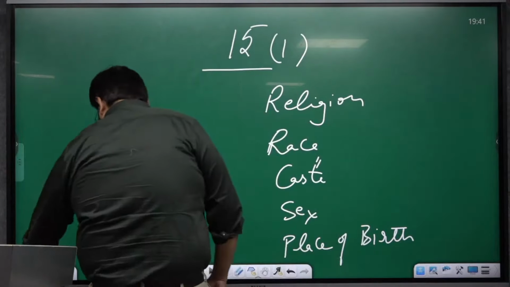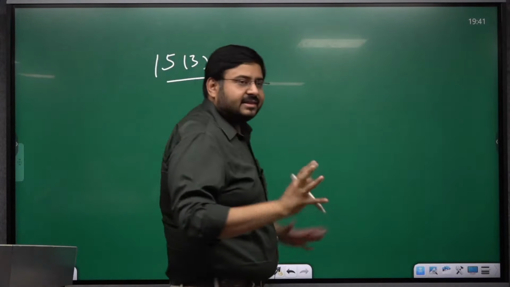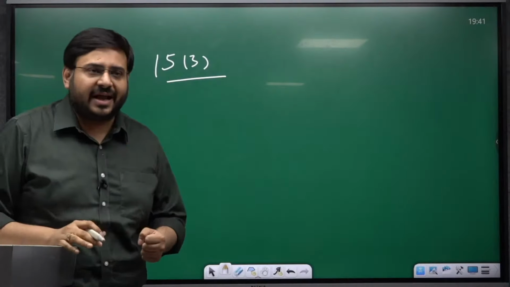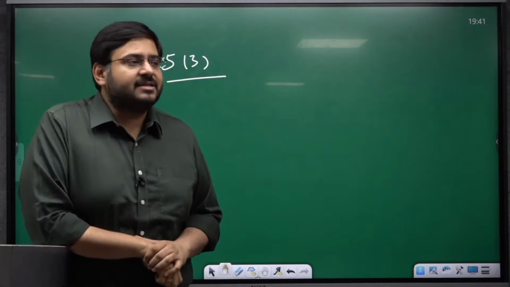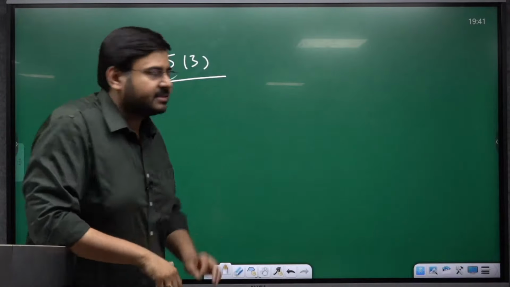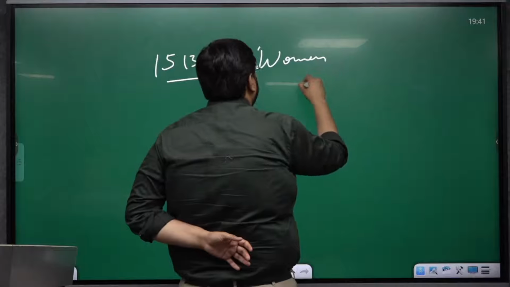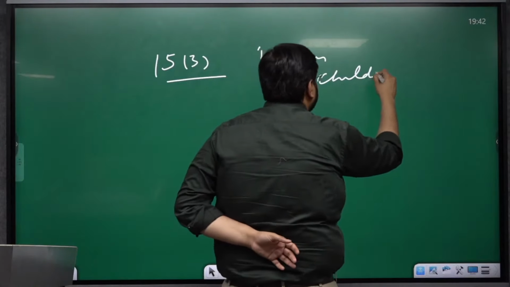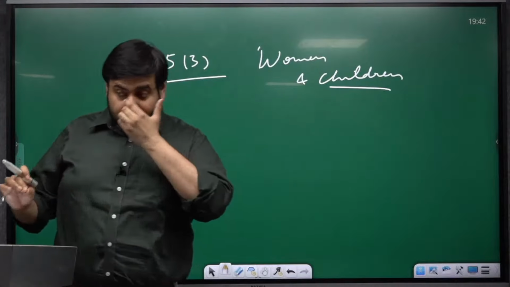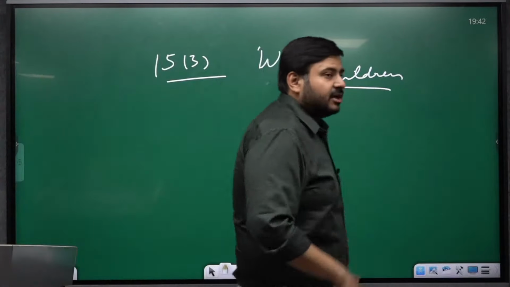Oh no. Article 15(3) says that nothing in this article can stop the state from making provisions for women and children. Is it clear? Now tell me this answer. To have special provisions for women and children is a fundamental right.